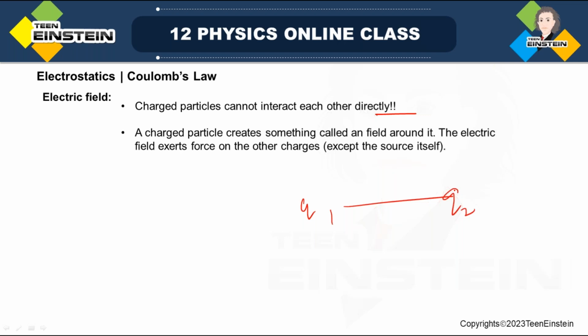It is thought that a charged particle, a positive charged particle, will create a field around it. It will create something called an electric field, and that electric field will exert force on the test charge.